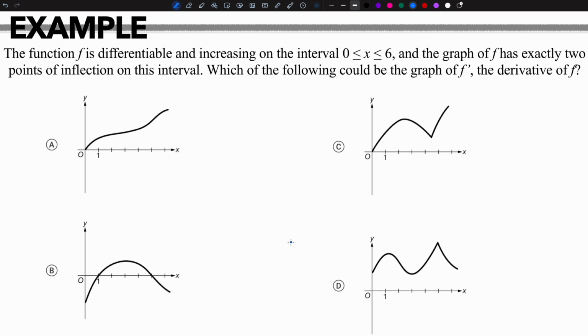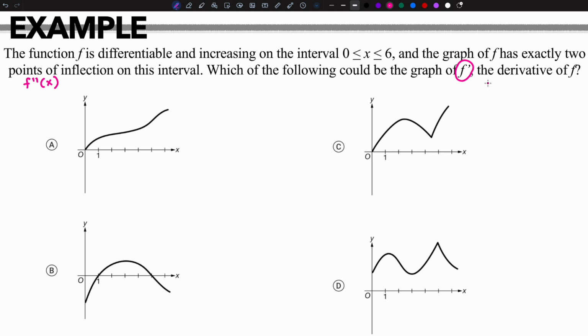Another example: this function is differentiable and increasing, and the graph has exactly 2 points of inflection. Now, inflection deals with the second derivative. Which of the following could be the graph of the first derivative?